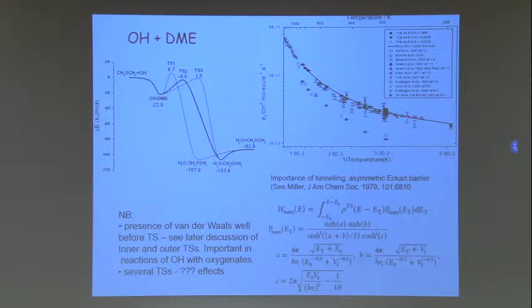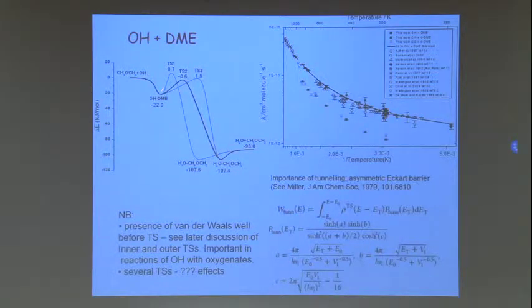And so these are the data for OH plus dimethyl ether. And these down here are the data for OH plus deuterated dimethyl ether. The rate constant is reduced because of the deuteration.